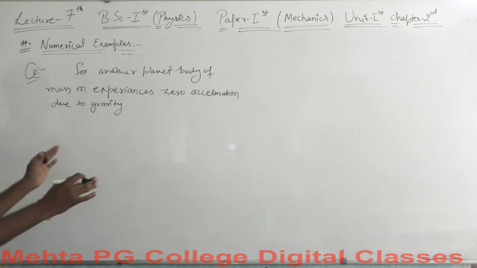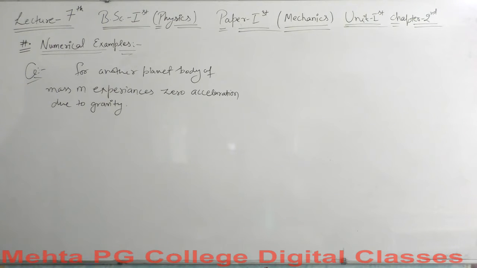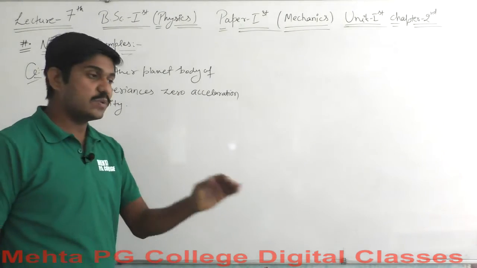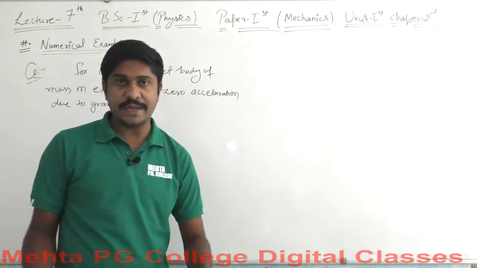Okay, there is a body of mass m that experiences zero acceleration due to gravity, and for that body this planet has the same radius as Earth, because the body is moving on its equator, and that's why it is feeling zero acceleration due to gravity.